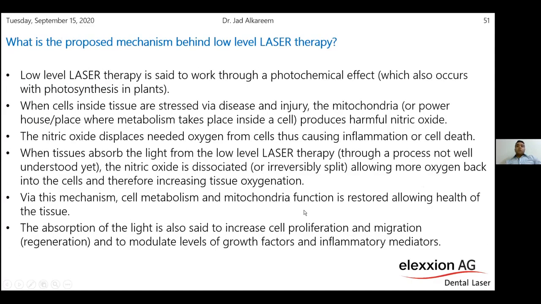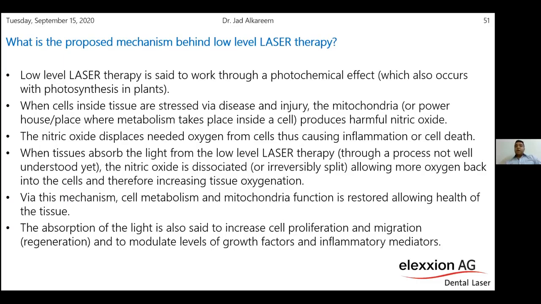I will try to explain it more. We have the mitochondria inside our cells. The mitochondria is responsible for producing energy and nutrition for the other cells to do the vital processes. Inside the mitochondria, we have something called nitric oxide, and when the nitric oxide level is increased or decreased, it will cause some problems in the cell metabolism and also in the mitochondria function.